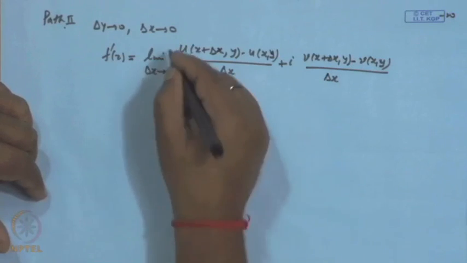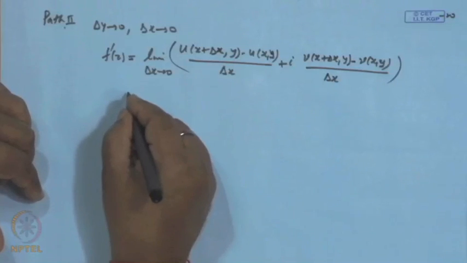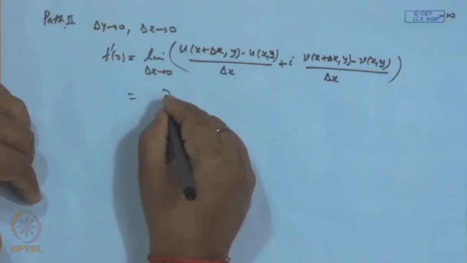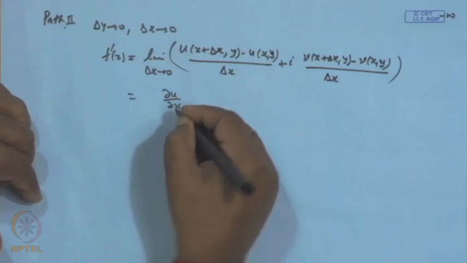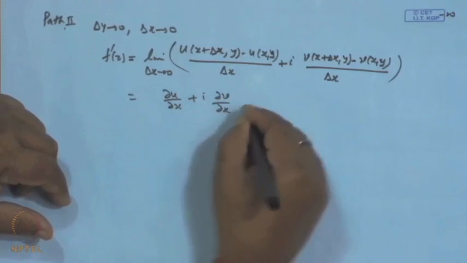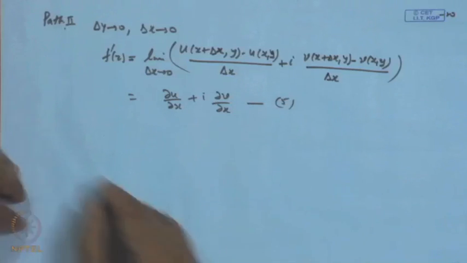Again, when you take the limit, this is the partial increment in x, so it will give ∂u/∂x, and this will give i times ∂v/∂x. This is fifth.